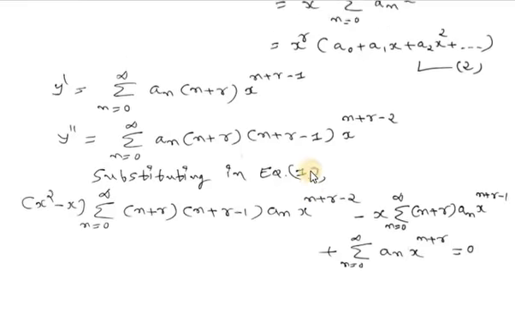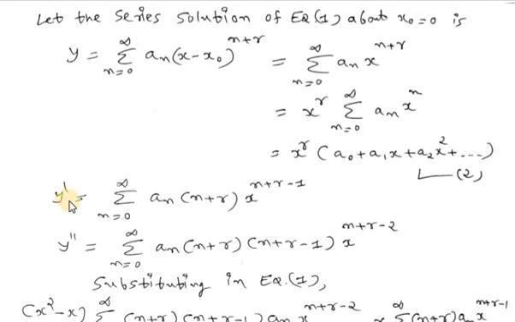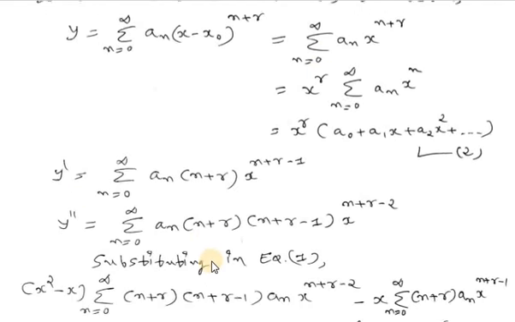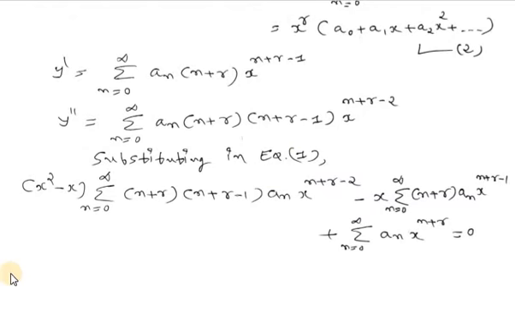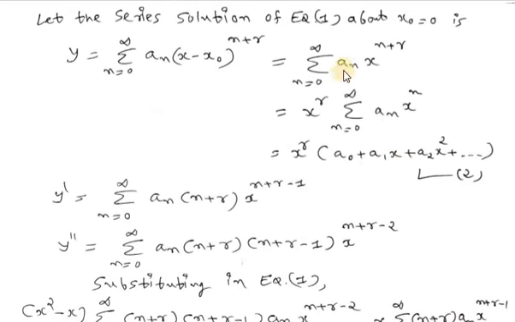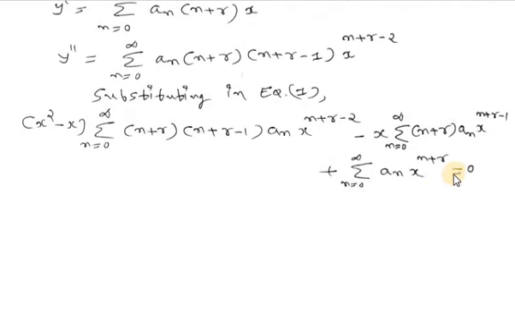Now substituting the values of y, y dash and y double dash in equation number 1. Equation number 1 is (x squared minus x) y double dash minus x y dash plus y equals 0, right?